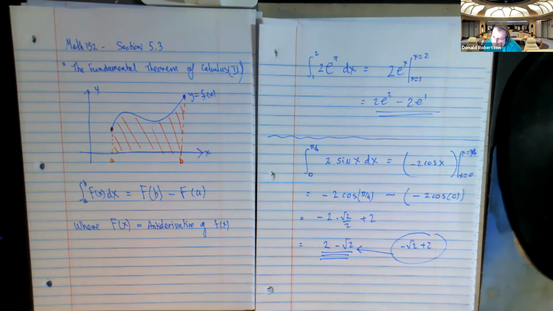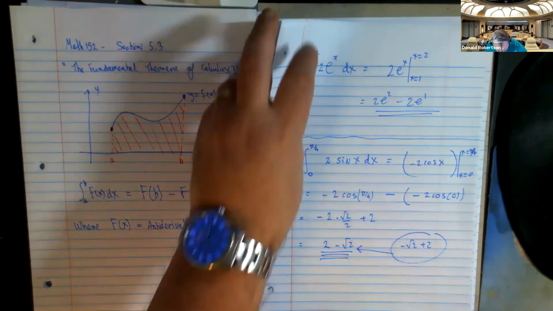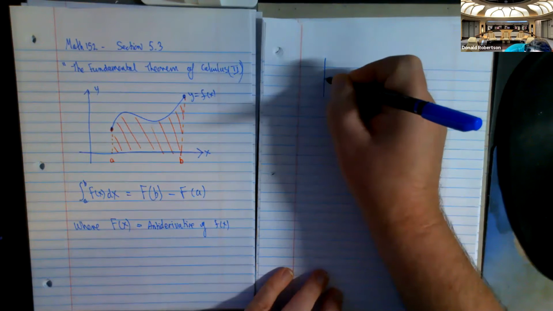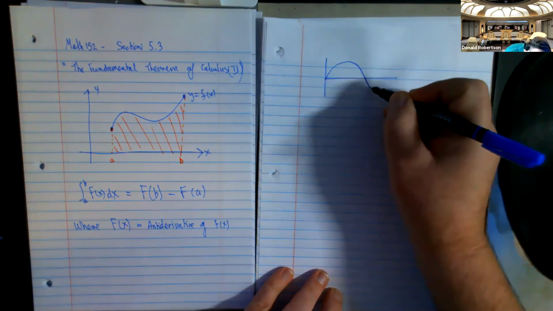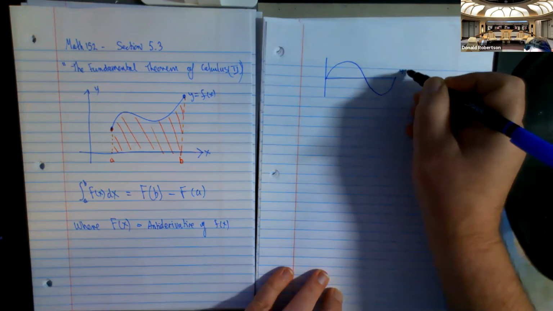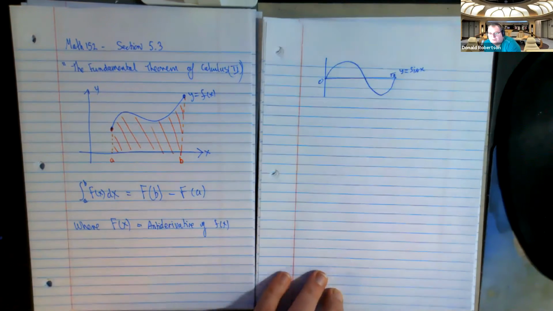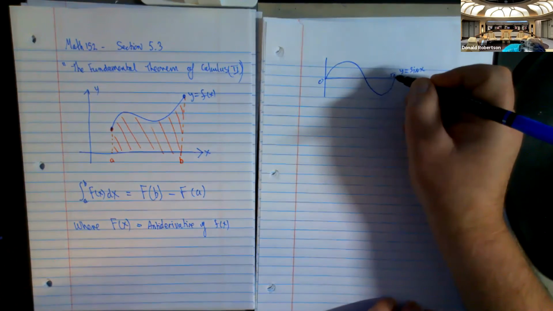Any questions so far? Are we quite comfortable with how to find the exact area under a curve now? Agreed? So I'm going to show you a weird answer. It's correct, but it's weird. Can you pretend that we're going to do the area under the curve from 0 to 2 pi?